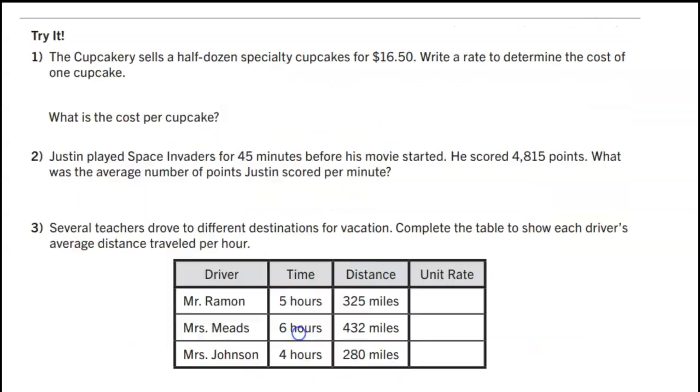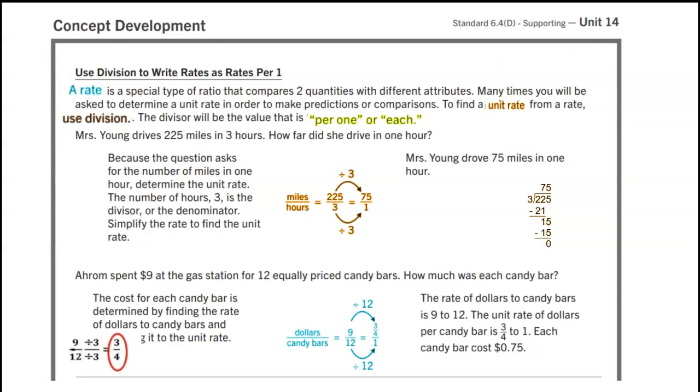We also can look at 9 over 12, and simplify by dividing by 3, and we end up with 3/4. The rate of the dollars to candy bars is 9 to 12. The unit rate of the dollars per candy bar is 3/4 to 1. Each candy bar costs 75 cents because we know that 3/4 is 0.75.